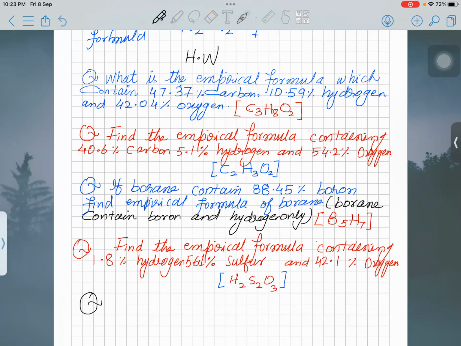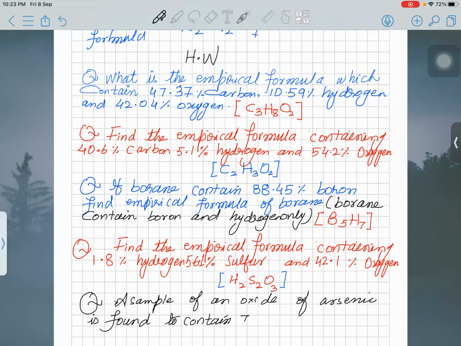Last question. A sample of an oxide of arsenic is found to contain 75.74% arsenic.